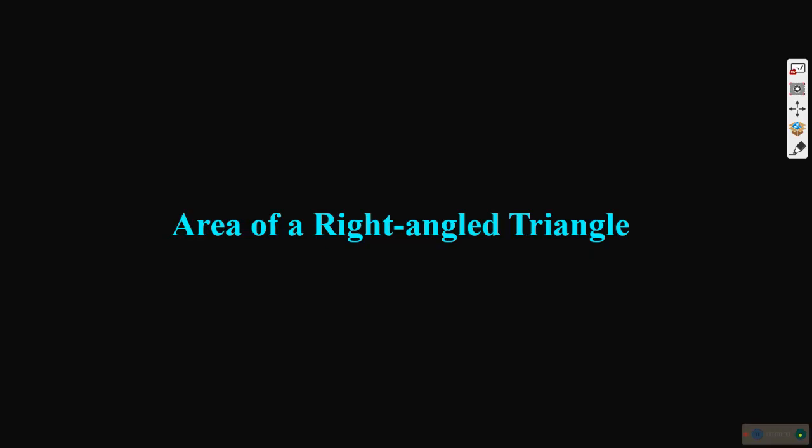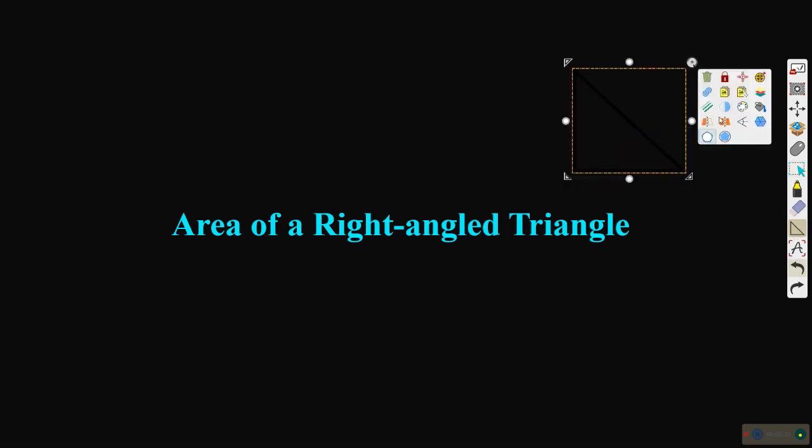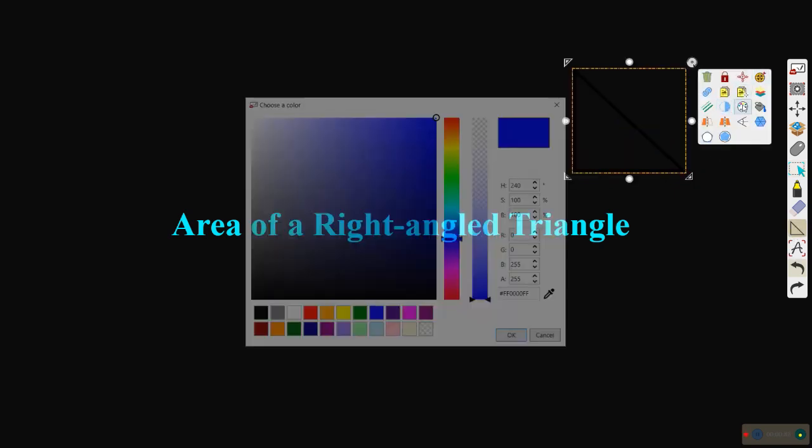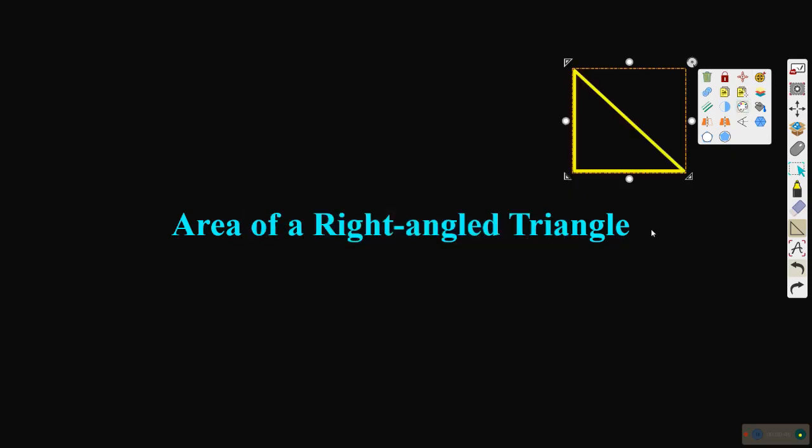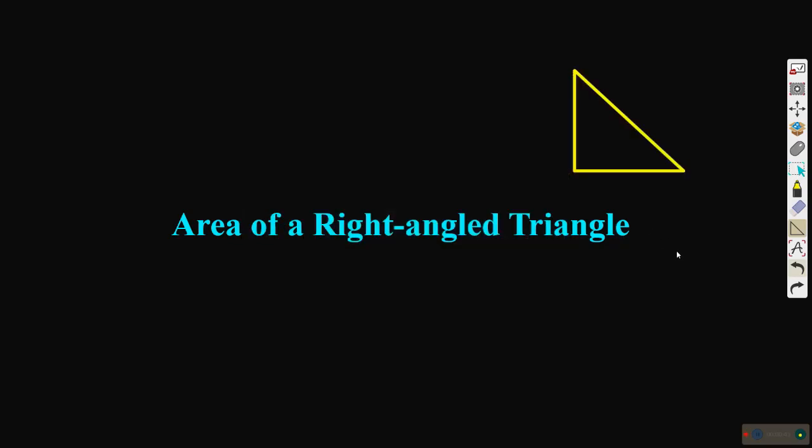You know what a right angled triangle is and how it looks. In a right angled triangle there will be an angle which is 90 degrees, making it a right angle, correct?